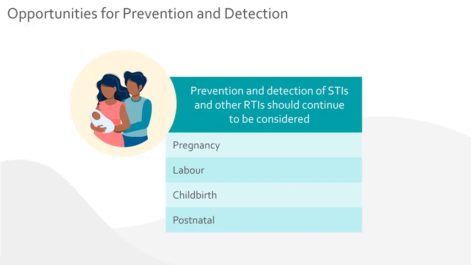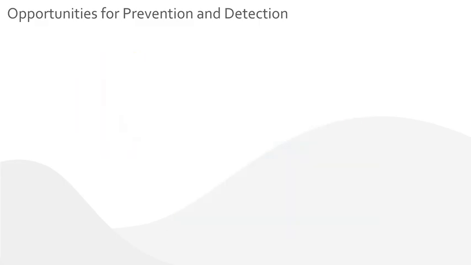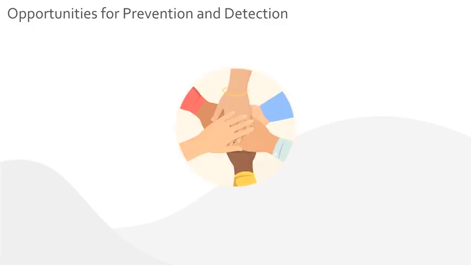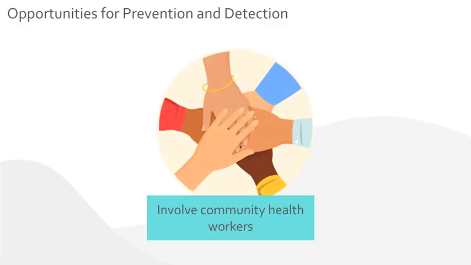Simple measures can be taken to reduce uncomfortable RTI symptoms. Additional opportunities for prevention and detection of STIs and other RTIs involve raising awareness about STIs and promoting screening with community health workers. As part of the primary healthcare team, along with doctors, nurses, and midwives, community health workers can provide information and support to women during and following pregnancy.